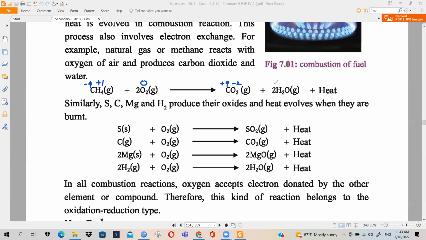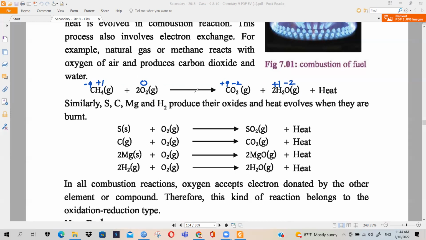Okay, let me think, +1 and -2. As you can see, there is no change in the oxidation number of hydrogen, right? Do you see any change in the oxidation number of hydrogen? No, it was +1 all the time.